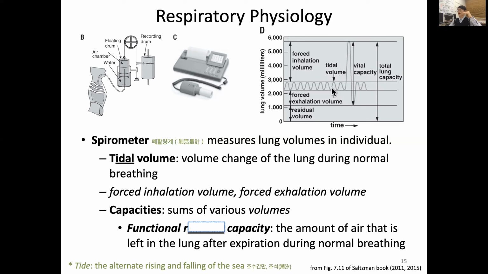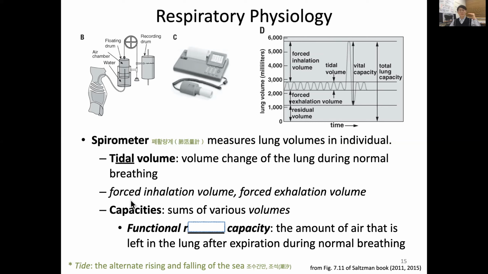And then while normally exhaling, I exhale further, forced. This is the limit. So from this forced exhalation volume to the forced inhalation volume, we call that the vital capacity.